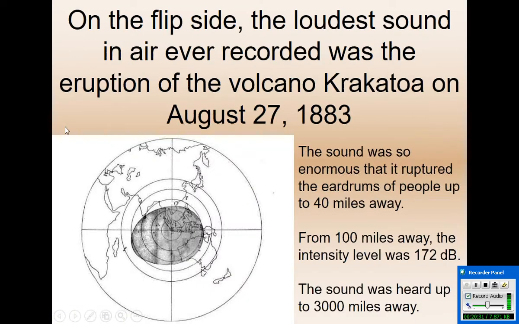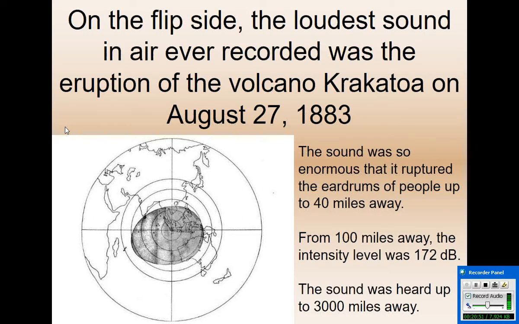On the flip side, from the softest possible sound, the loudest sound in air ever recorded was on August 27th, 1883. The infamous volcano Krakatoa basically exploded.